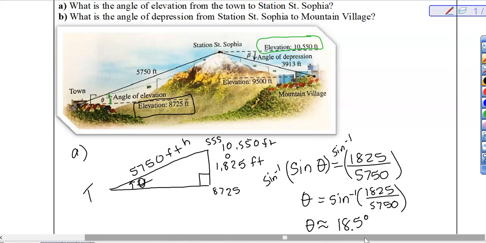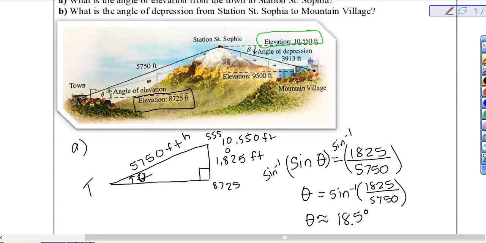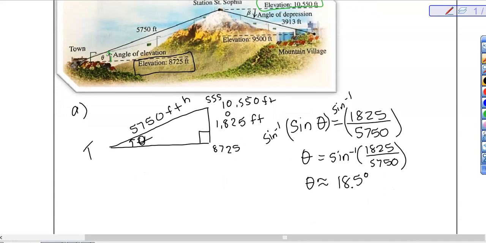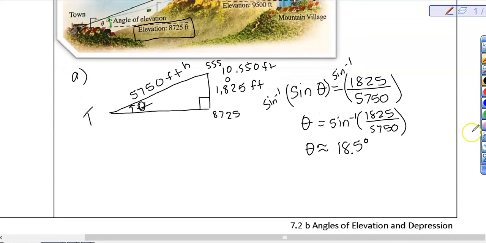So that could give you some really good indicators of how you would solve problem B, right? Now, problem B, the only difference is now you're starting at the top and you're working your way down. So sometimes it's really good to just flip that triangle over, right? So let's go down. I'm going to have to go down here to do some math. So here's B, and we're starting up here at Station St. Sophia, and we're traveling, what was the distance again? 3,913 feet down to Mountain Village, which is down here, right?